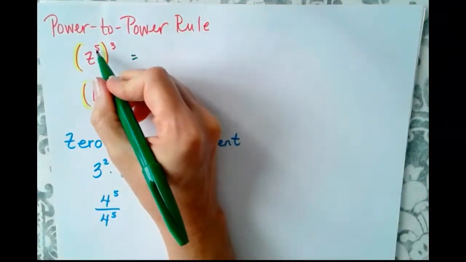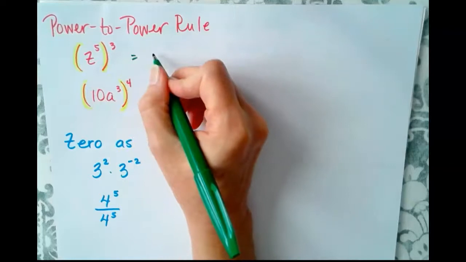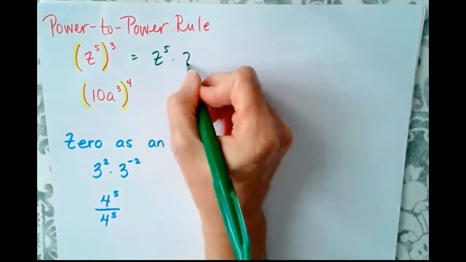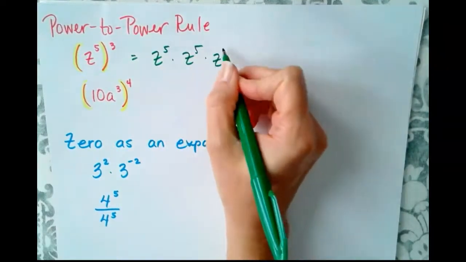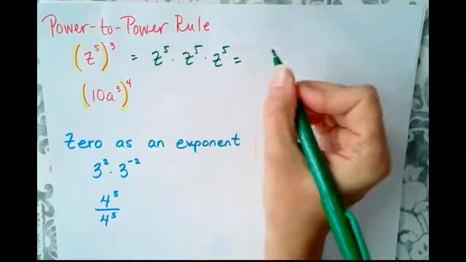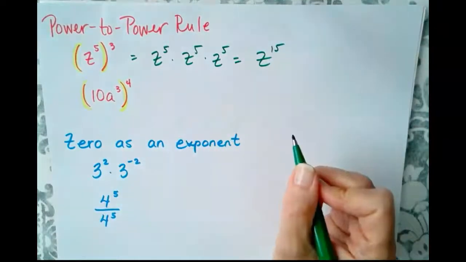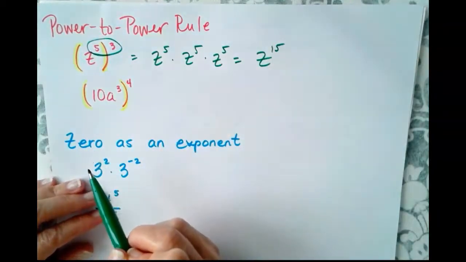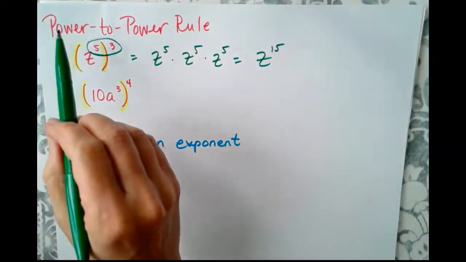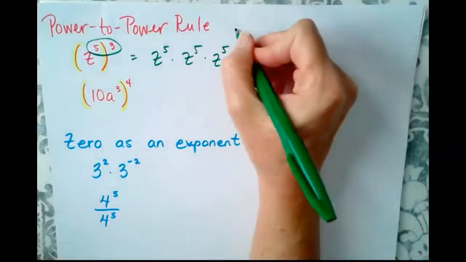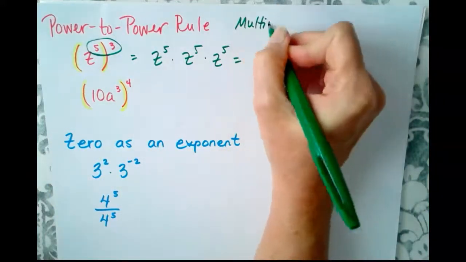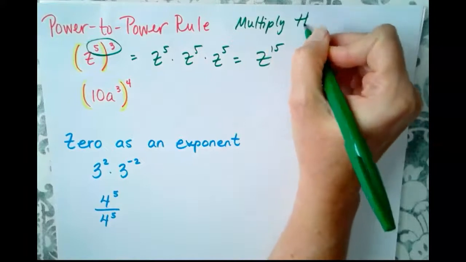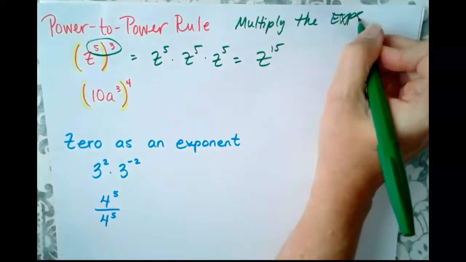This means z to the 5th raised to the third power, which means z to the fifth times z to the fifth times z to the fifth, 5, 10, 15, which we could have very easily gotten just by multiplying those powers together. So if a power is being raised to another power, this is the time to multiply the exponents.